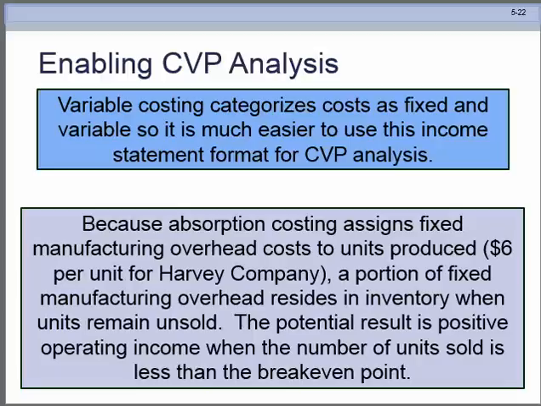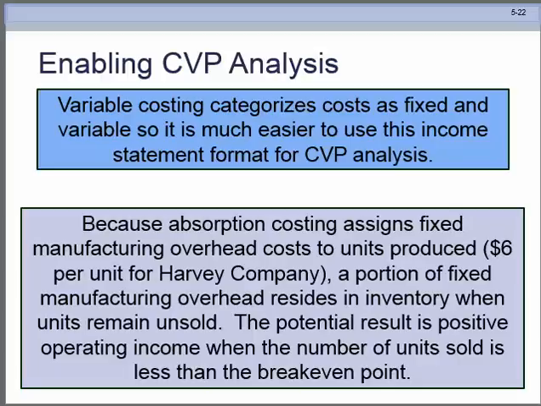Absorption costing assigns per unit fixed manufacturing cost to production. This can potentially produce net operating income even when the number of units sold is less than the break-even point.